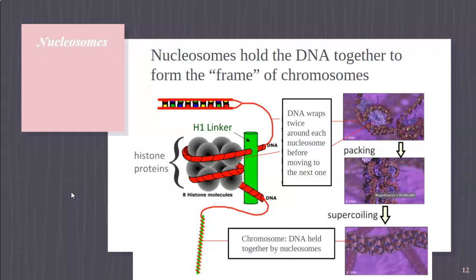Basically what this does is supercoil the DNA. So you went from a thin strand of DNA, and you keep wrapping it, keep packaging it, keep coiling it until you can eventually form a chromosome, which is pretty small on its own, but it holds so much DNA. And so it's absolutely imperative that this DNA wraps around these histone proteins and these nucleosomes so that you can actually fit it into cells.